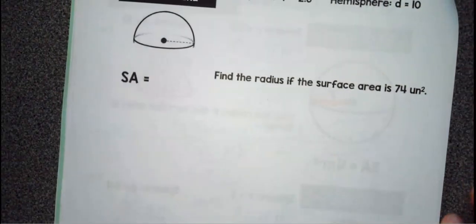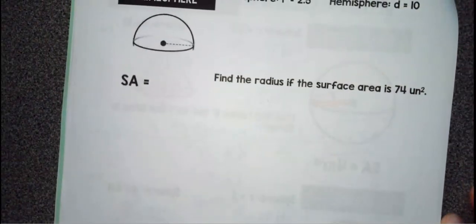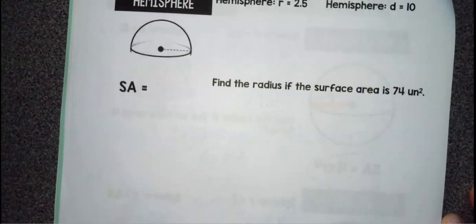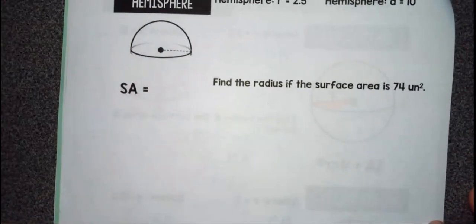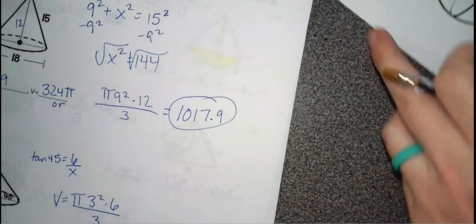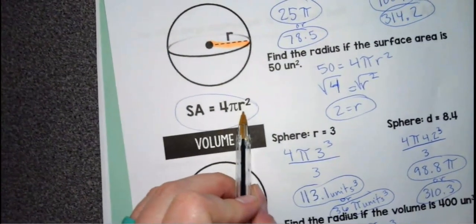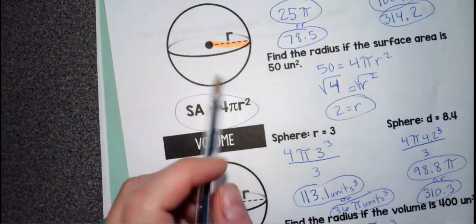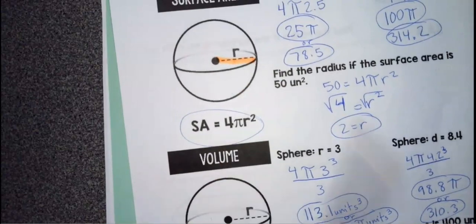But the surface area just throws everybody off. Okay, so that formula, think of it, 4 times pi times the radius squared is a whole sphere. So we need to cut that in half, right?